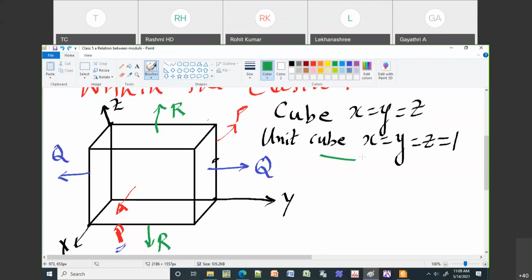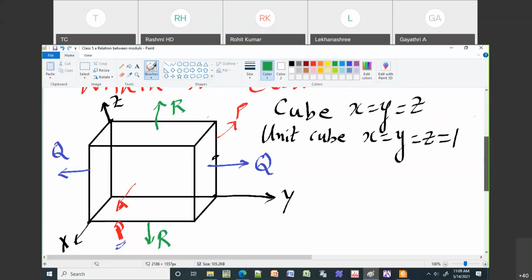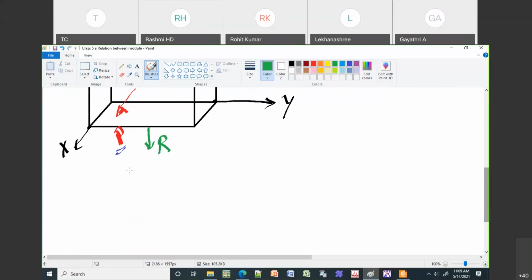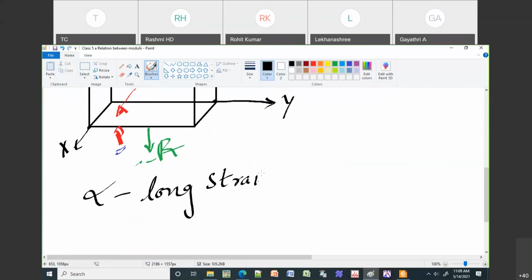Next we will make those assumptions. I'll come down and write here. I will take alpha as the longitudinal strain or tensile strain per unit stress.